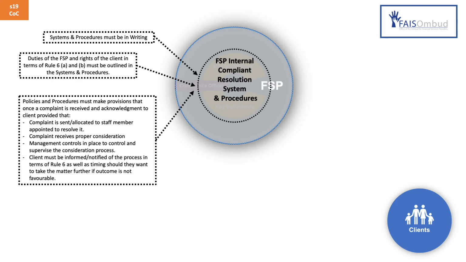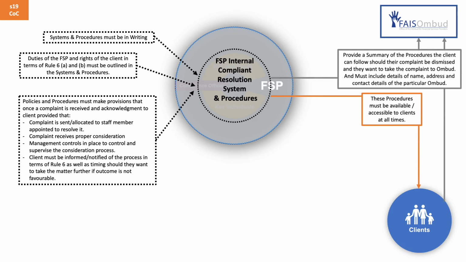The client must be informed and notified of the process in terms of Rule 6 as well as timing, should they want to take the matter further if the outcome is not favorable. The procedures must always be available and accessible to the clients at all times.